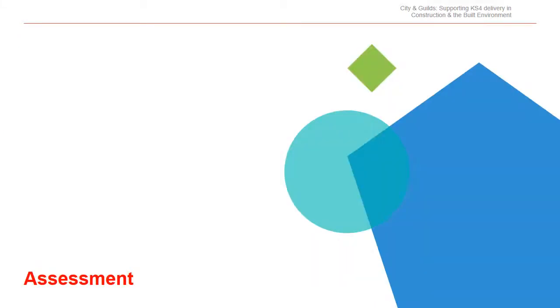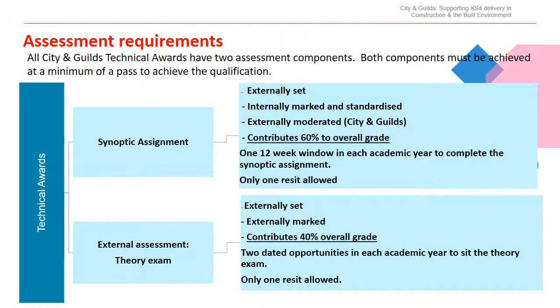Now let's take a look at the assessments in relation to the technical awards. As you can see, there are 2 aspects to the assessment of the technical awards. The first being a synoptic assignment. This is externally set by City and Guilds and internally marked by the centre, who also standardise those marks.